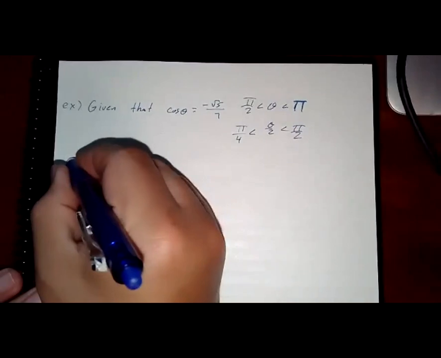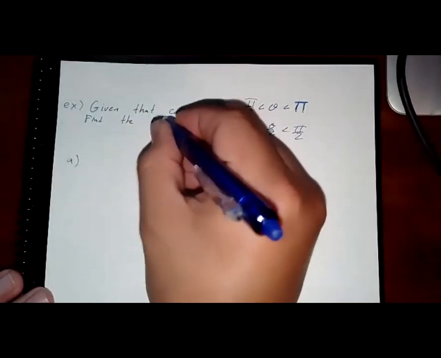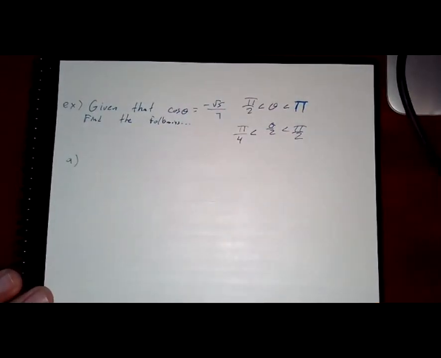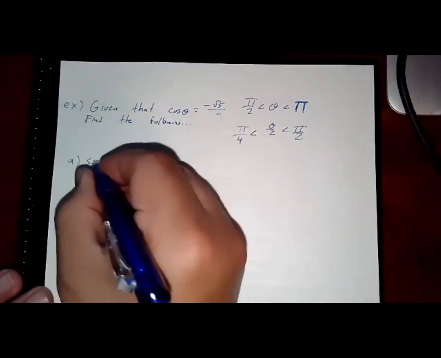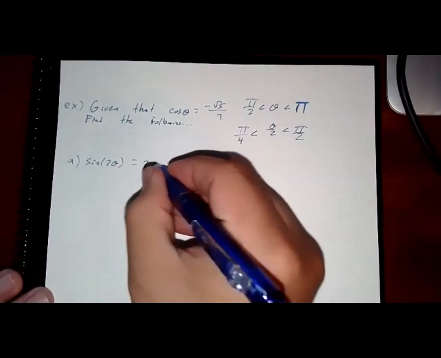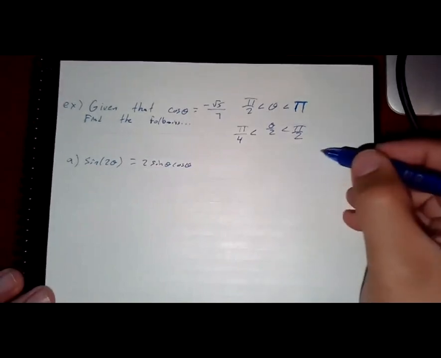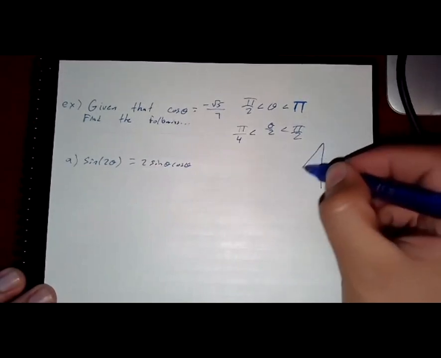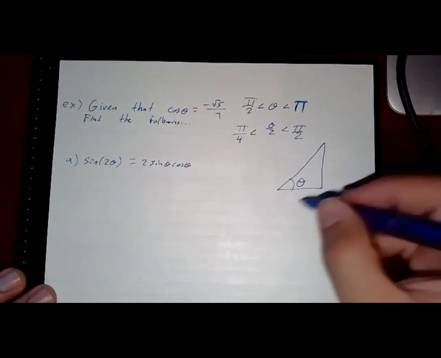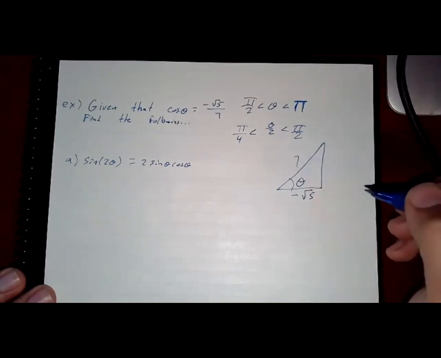All right. Part A, find the following. Part A is sine of 2 theta, which we know is a formula of 2 sine cosine. We do not have sine, so we should probably find it. Here is theta, here is cosine, hypotenuse.